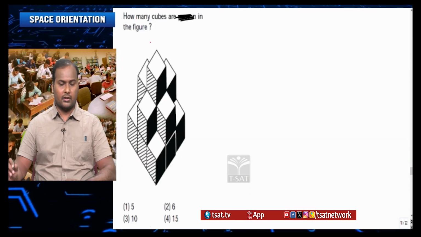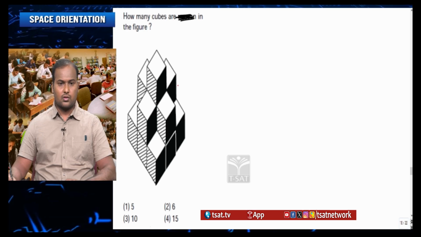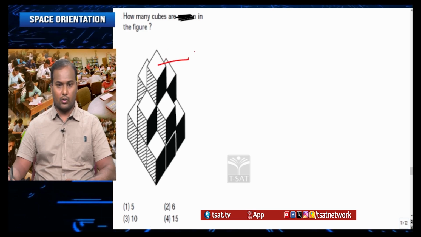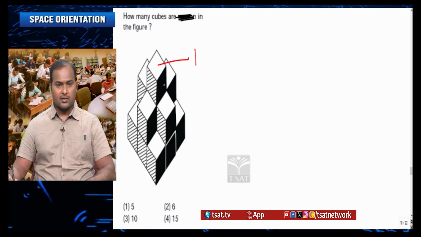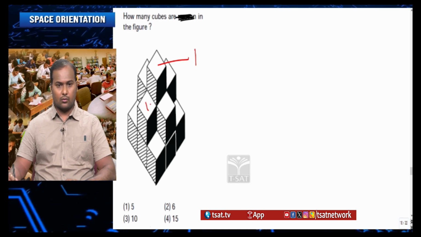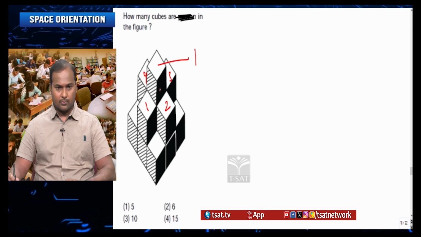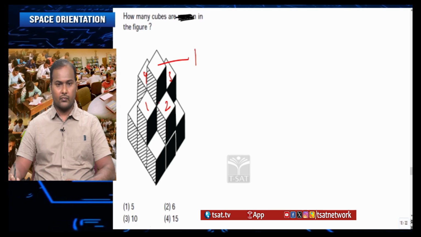Let's see this question. The question is, how many cubes are there in this particular figure? The first, on the top, you have one figure. See the second layer. In the second layer 1, 2, 3, 4. So 4 are visible. 1 is not visible at the center.